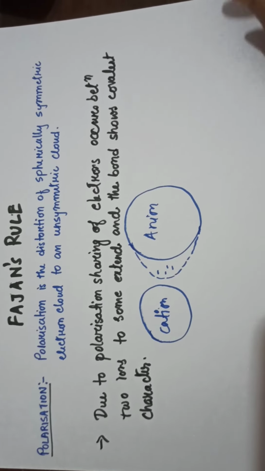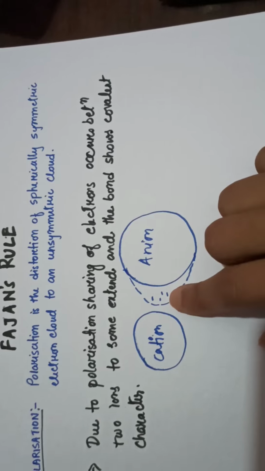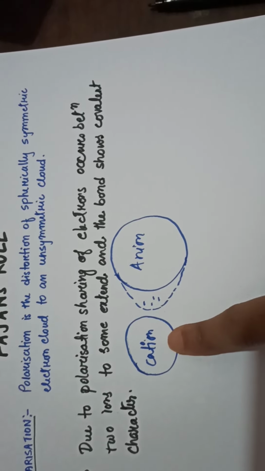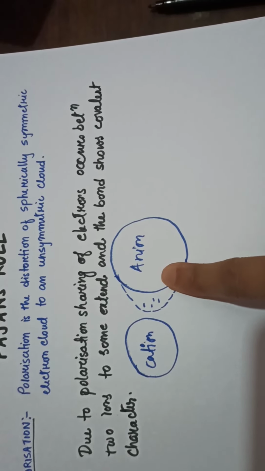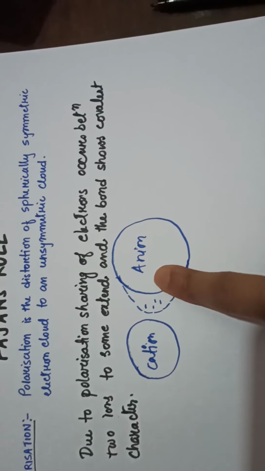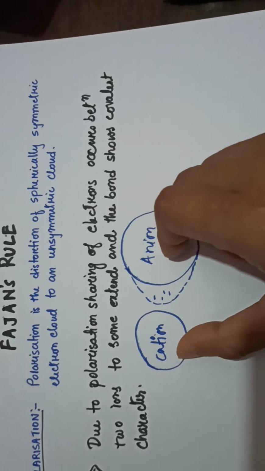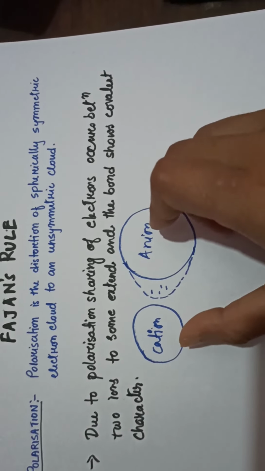Now, how do we know up to what extent this sharing of electrons occurs between the two ions? To know the extent of polarization taking place between the ions in any ionic compound, we have to know a certain set of rules.